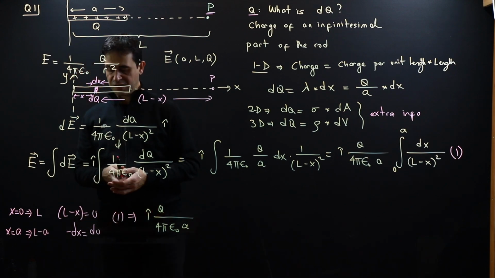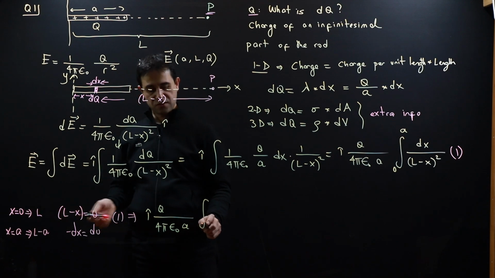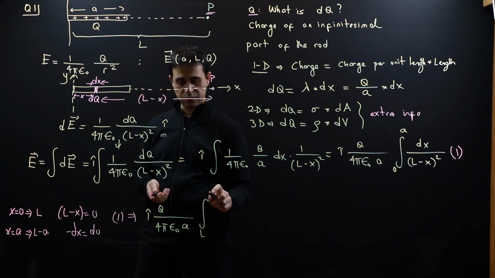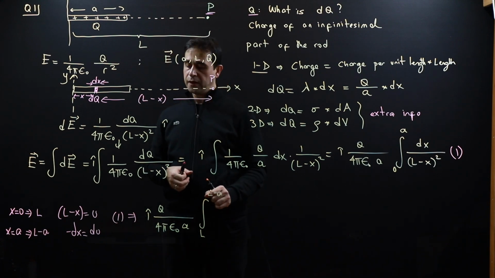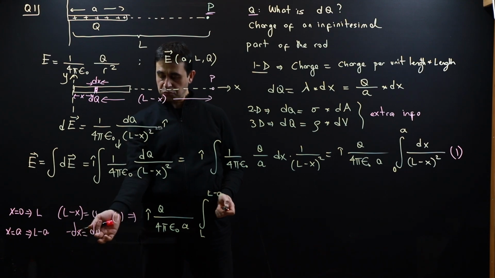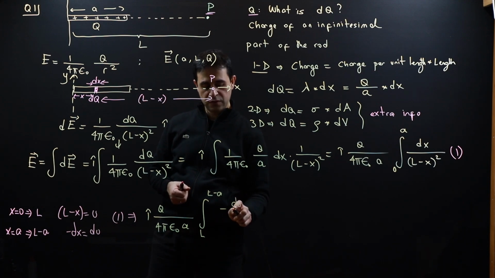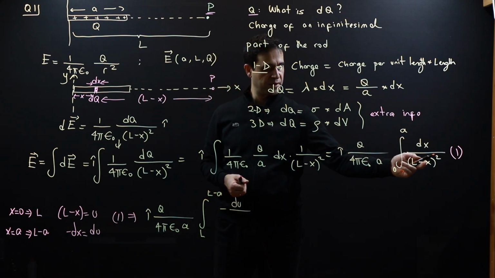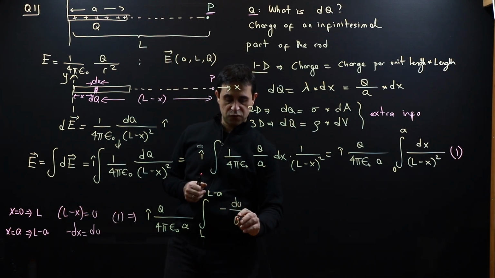So the range of this integral becomes from L initially to L minus a finally. Inside the integral, instead of dx, minus dx is equal to du, so dx is equal to minus du. So that's minus du divided by L minus x squared. Remember that L minus x is equal to u, and that's why this becomes u squared.